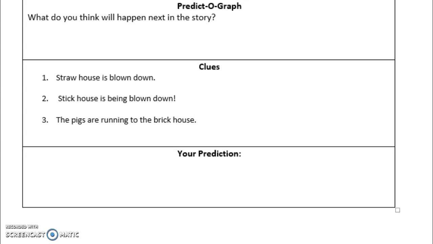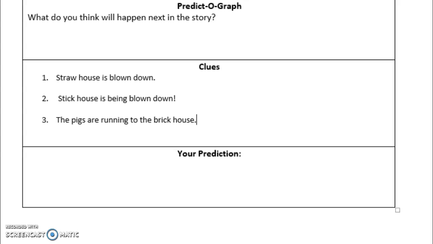We have the straw house is blown down, the stick house is being blown down, and the pigs are running to the brick house. Now we can take those 3 clues, and I'm going to go ahead and make a prediction here.